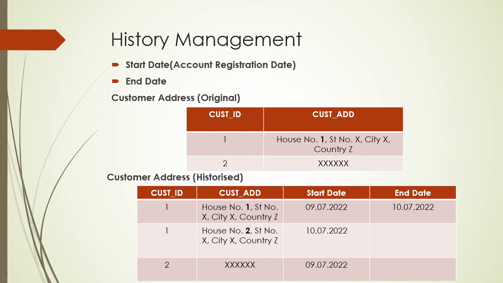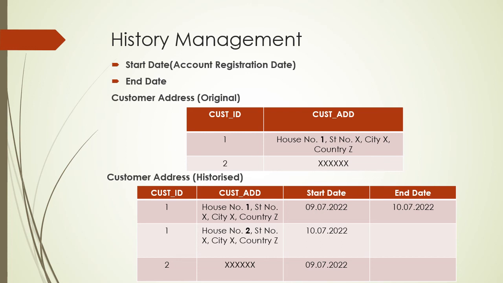If there's been a change in the non-key columns, for instance the customer address in this example, you will create another instance, and for the existing instance you will populate the end date with the date you received the new instance of this record.